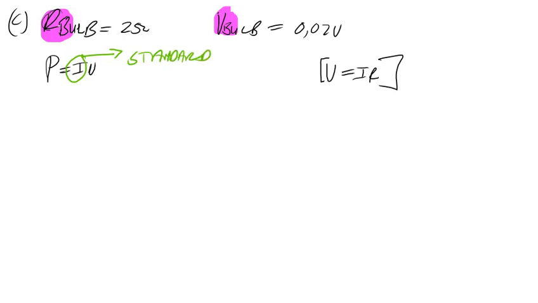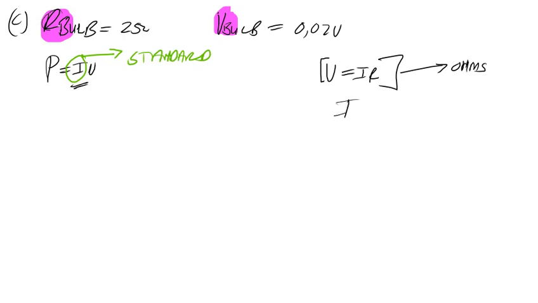I'm going to show you how to simplify the formula. I need to take I out. So I'm going to the Ohm's law and make I the subject of the formula, because that's what I'm looking for in P is equals to IV.